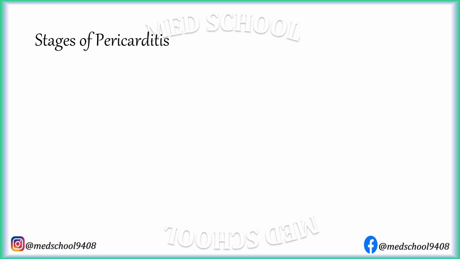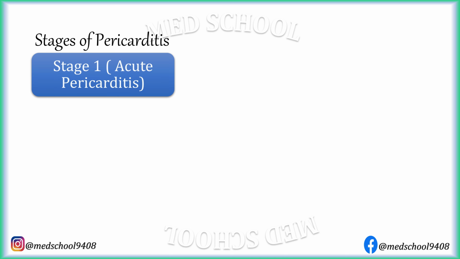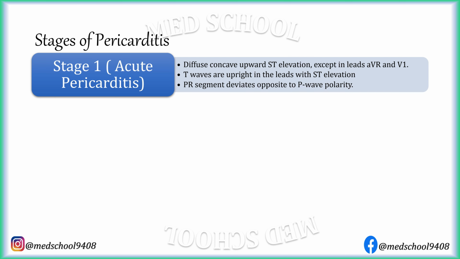Pericarditis is divided into 4 stages. Stage 1, which is also called acute pericarditis, is characterized by diffuse concave upward ST elevation, except in lead aVR and V1. T waves are upright in the leads with ST elevation. PR segment deviates opposite to P wave polarity.